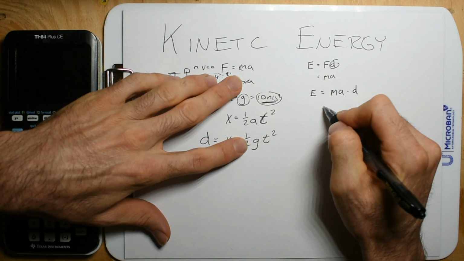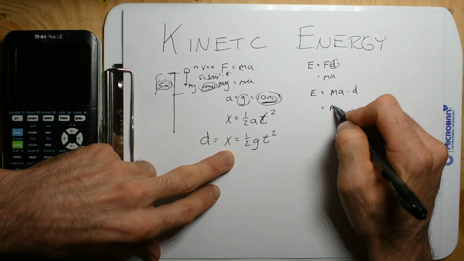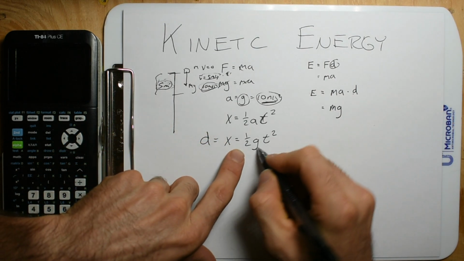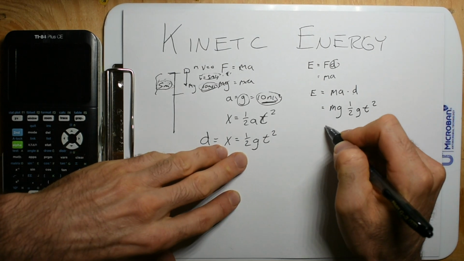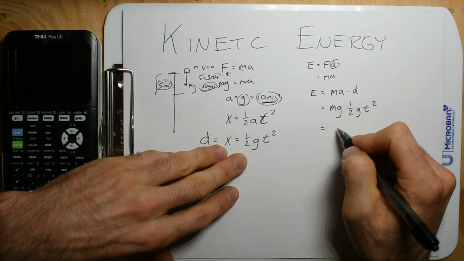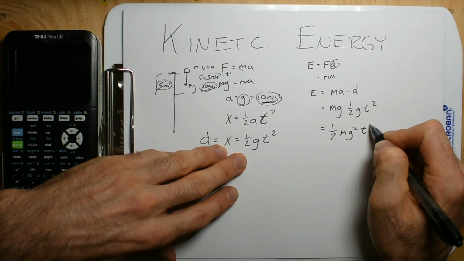We know our acceleration is g, so we write mg, and then multiply by this, 1/2 g t squared. Okay, sweet. So let's rearrange terms, and we got 1/2 m g squared t squared.